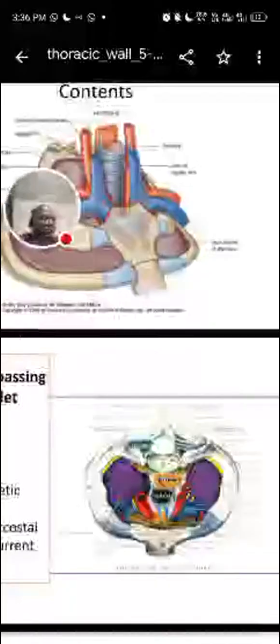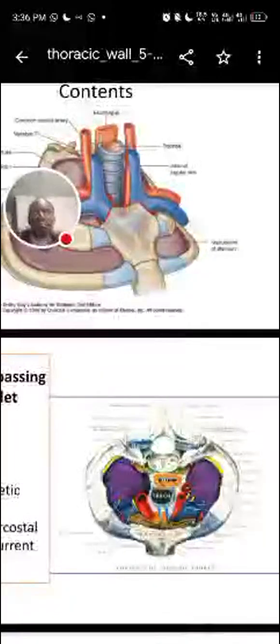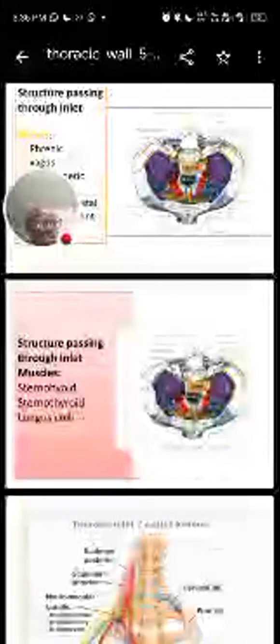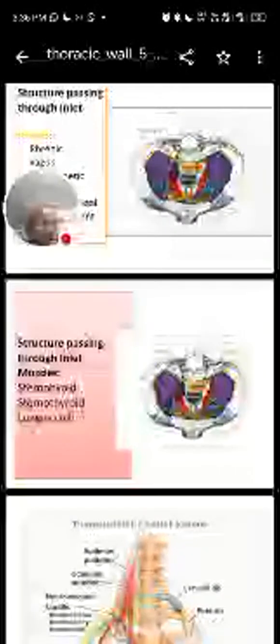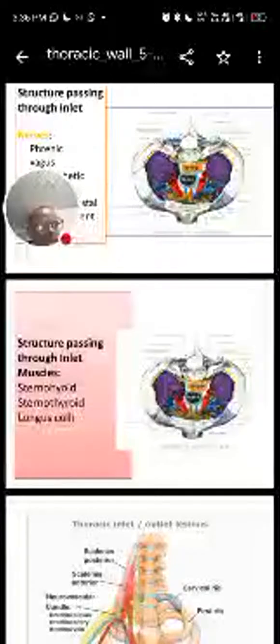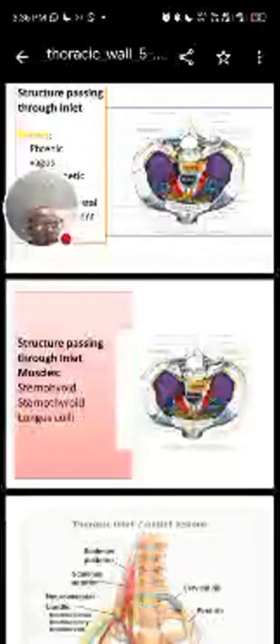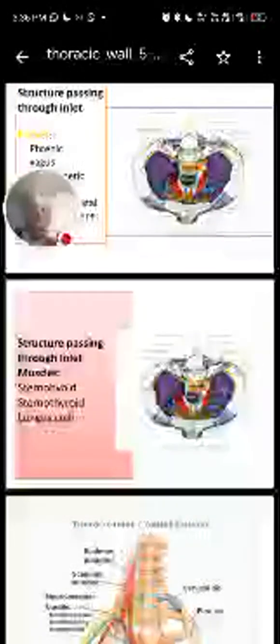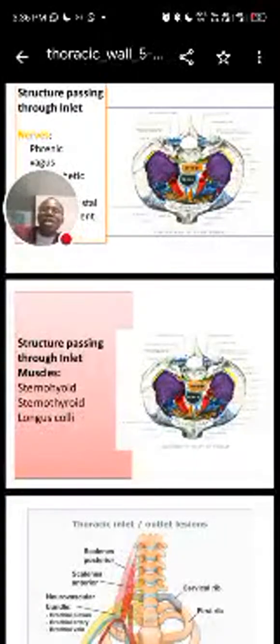Next one we have, what else do we have? We have the next structure. So we've talked about VAN. Next structure is the muscle. So we say V-man. Then we said V squared man for the structures passing through the thoracic inlet.